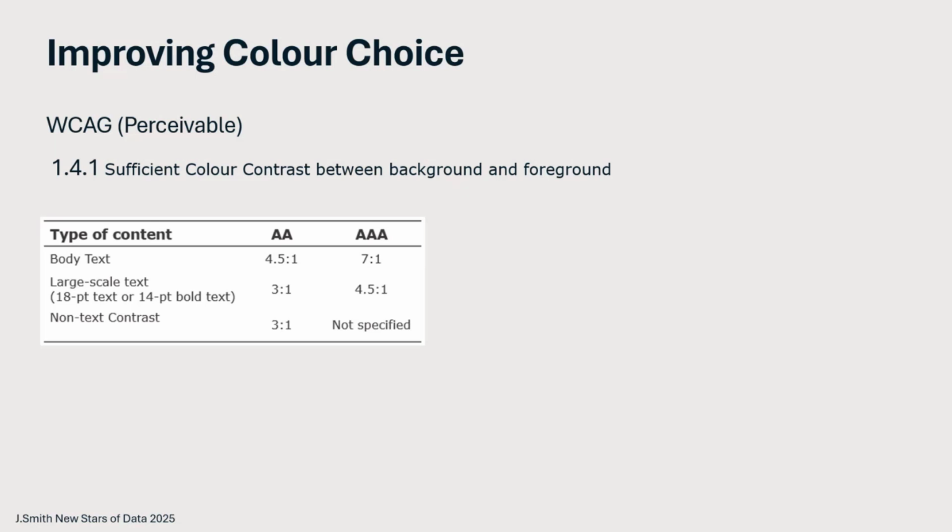Then for large scale text, which is above 18 points, or if bold, above 14 points, the contrast ratio for level AA should be 3 to 1, and for level AAA, it should be 4.5 to 1. In terms of non-text contrast, which is pretty much if you have icons or graphics, level AA requires a minimum contrast ratio of 3 to 1, and AAA does not specify.